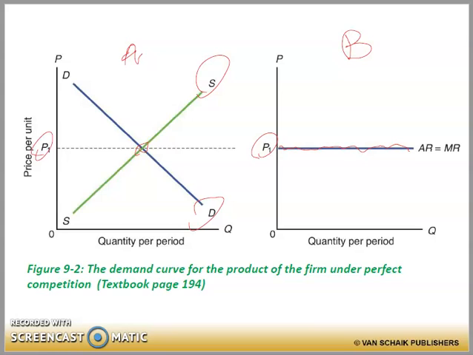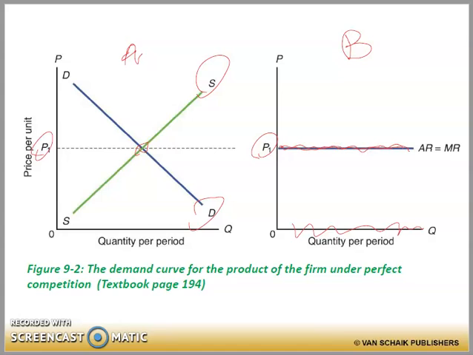The position of the individual firm is shown here by the horizontal line corresponding with price. So the firm can sell any quantity at the prevailing market price of P1, meaning that any quantities here can be sold at the prevailing market price of P1.